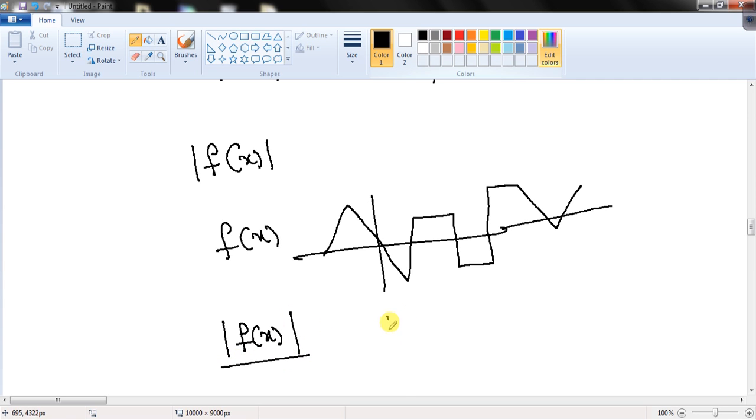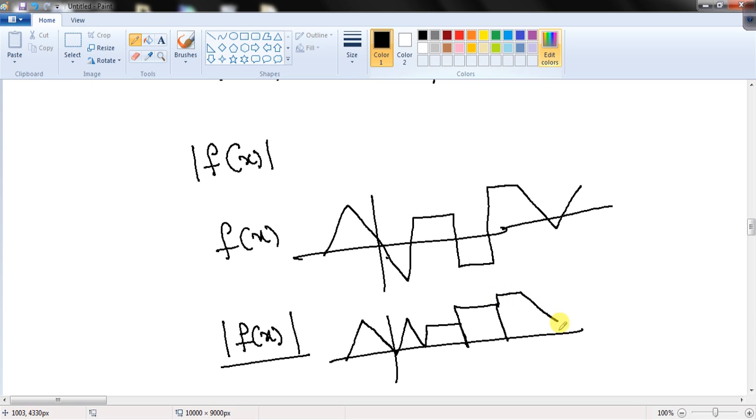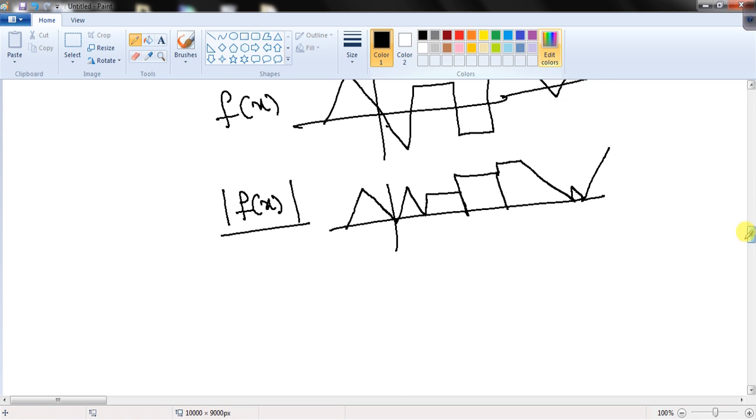Y is positive, so it should just become positive. The positive part is already positive and the negative part becomes positive. So this one also becomes positive and the positive part always remains positive. This is also positive. So everything becomes positive. That is the graph of modulus of f of x.